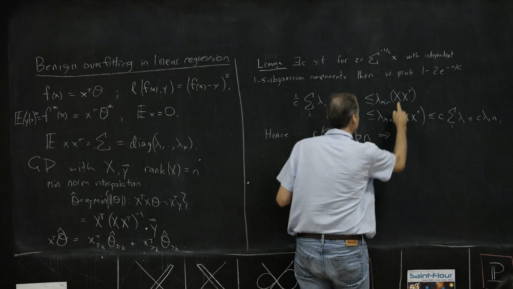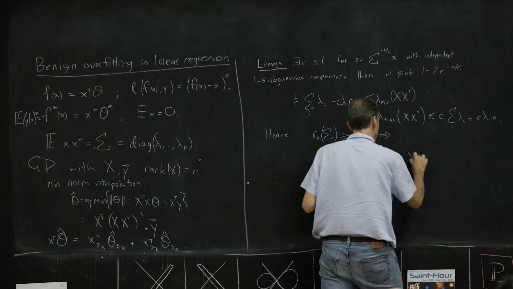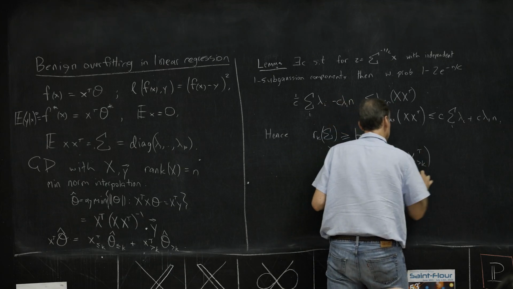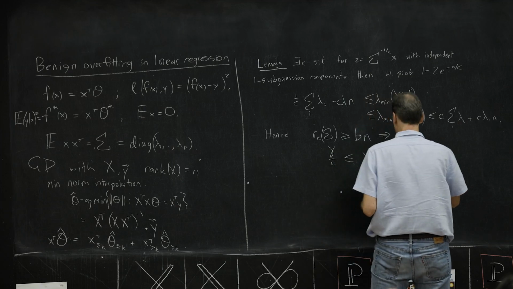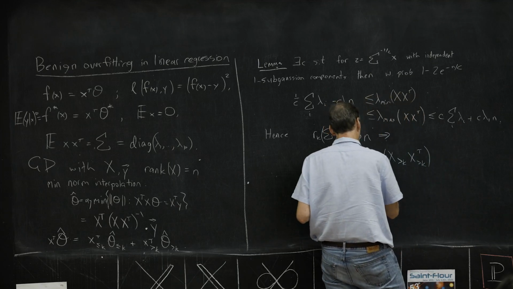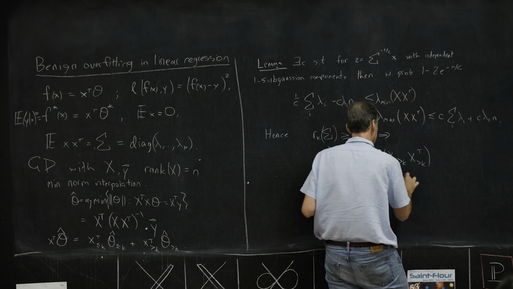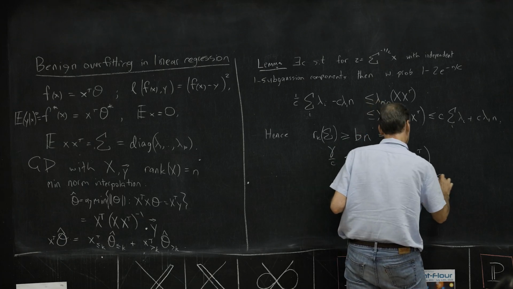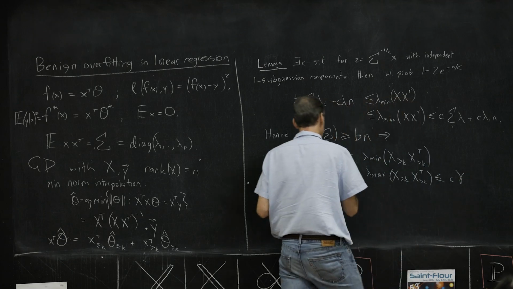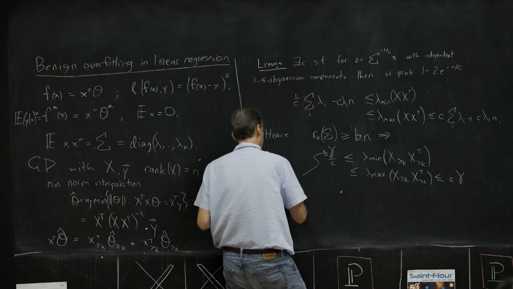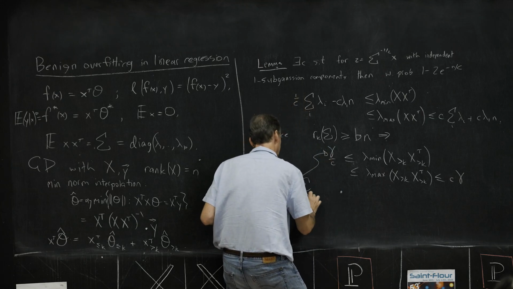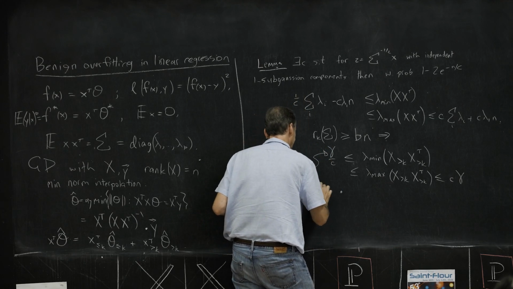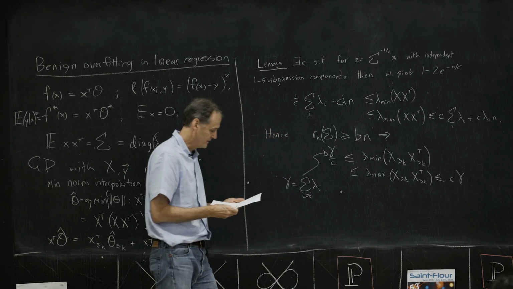So lambda min of, now I'll write this as X greater than k transpose, and lambda max is no more than c times gamma, with gamma the sum of these big eigenvalues.